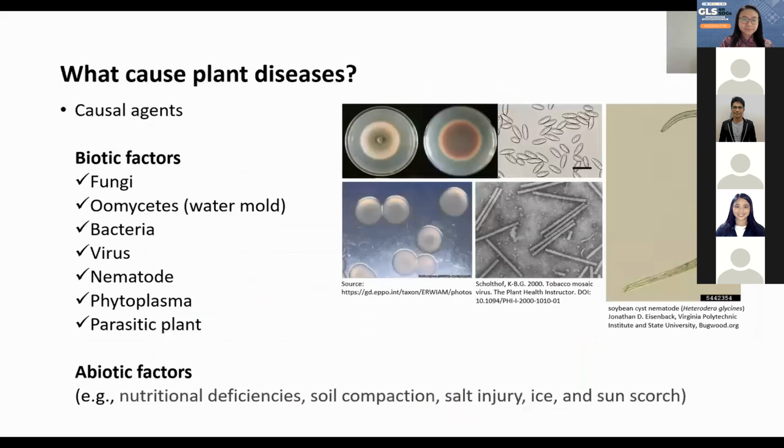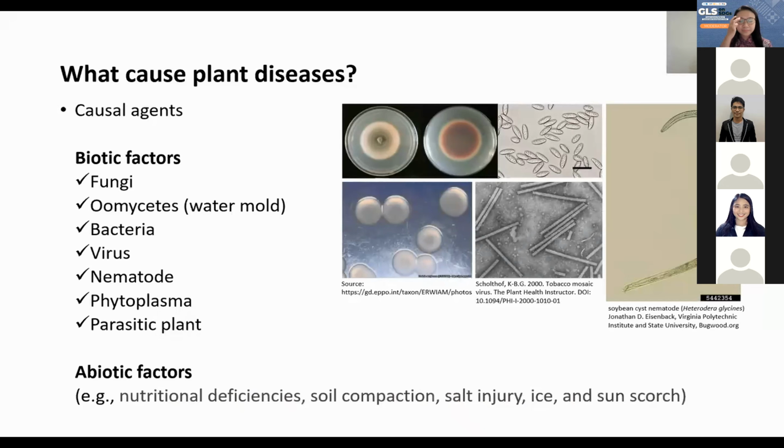Now let's talk about what causes plant diseases. But first, let's talk about what a plant disease is. A plant disease is a dynamic process where a living or non-living entity interferes with normal functions of a plant over a period of time.